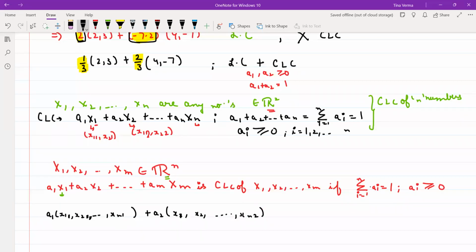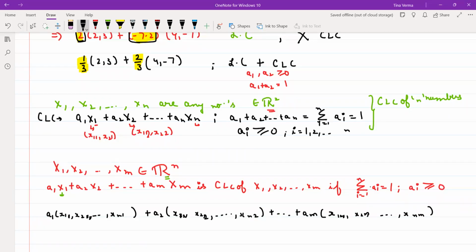It is coming from the second number, so I am writing 2 with it, and I am taking AM. My mth number will be x1, x2, ..., xn, and it will have m with it because this is my mth number.